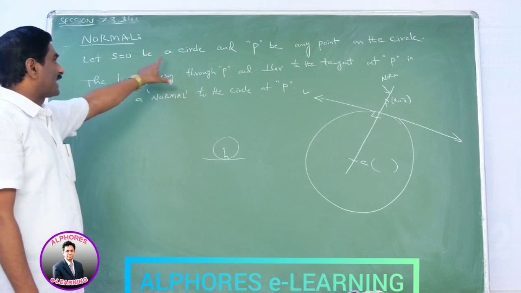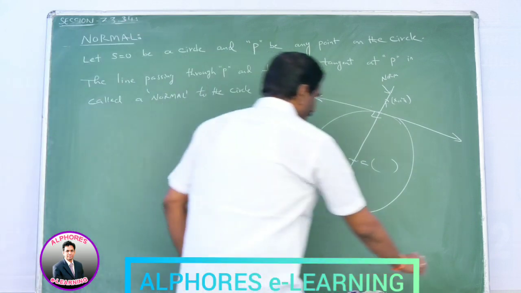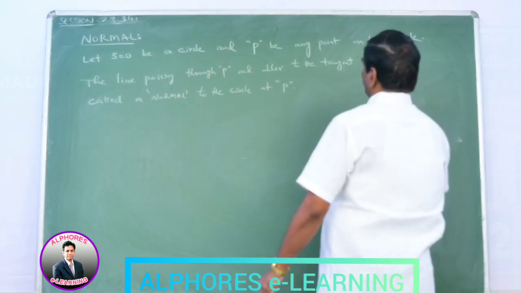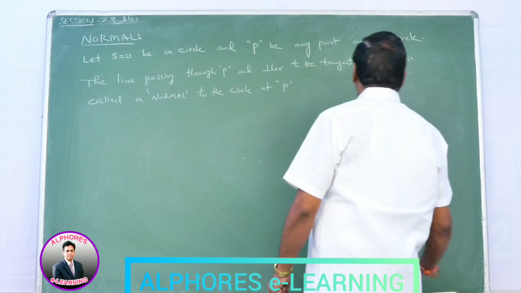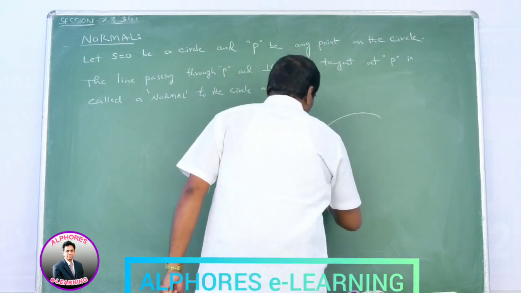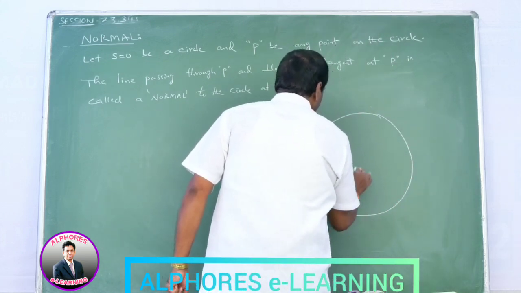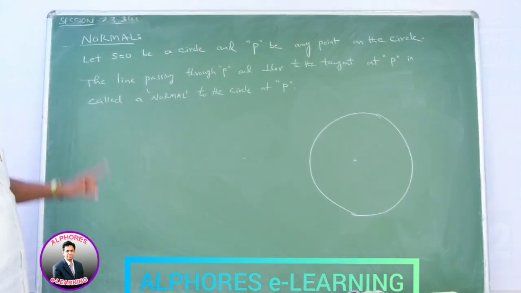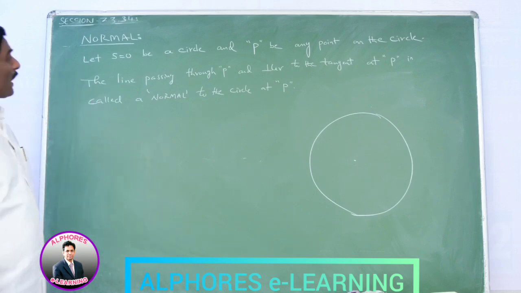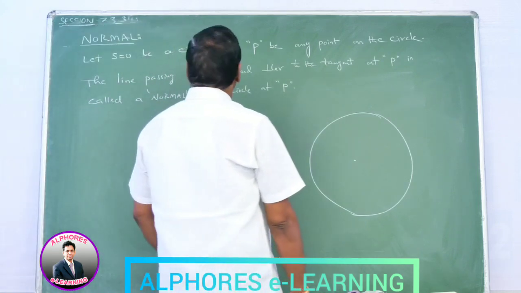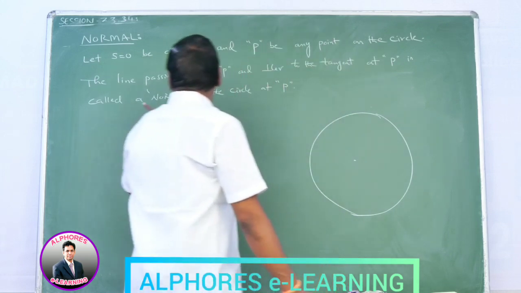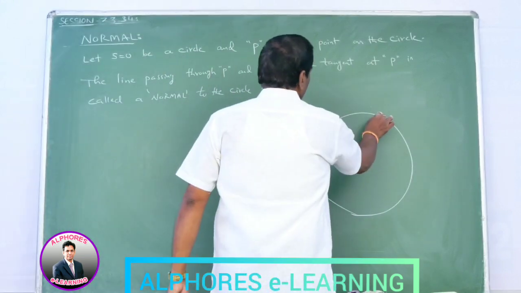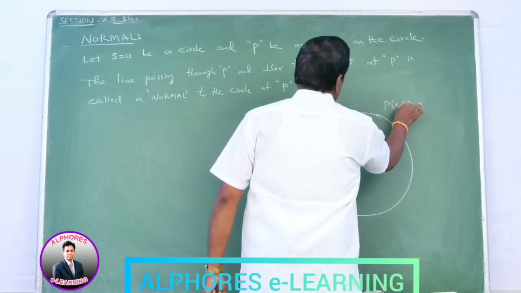Normal. Let S is equal to 0 be a circle, and let P be any point on the circle. The line passing through P and perpendicular to the tangent at P is called a normal to the circle at P. Please note this diagram.